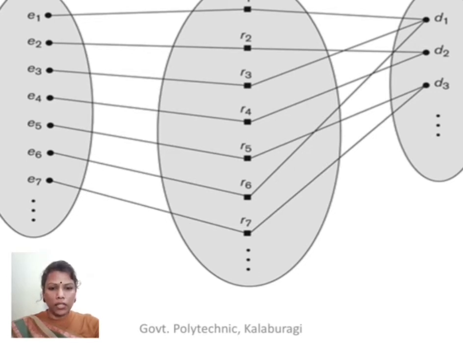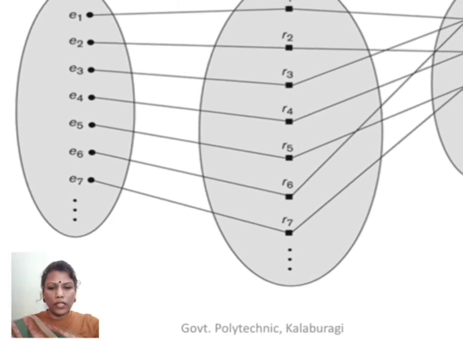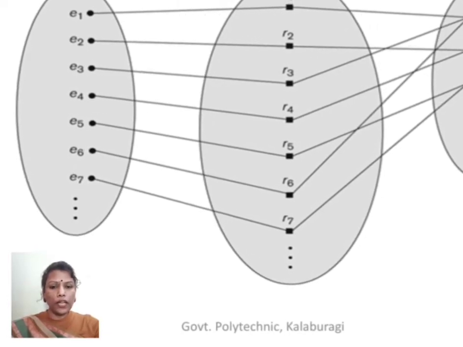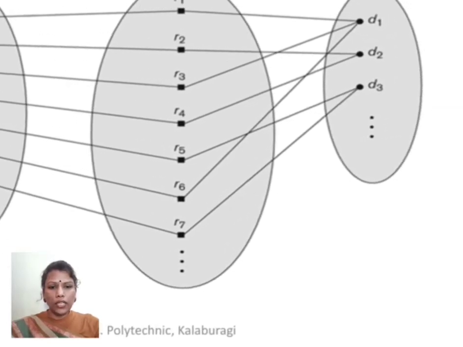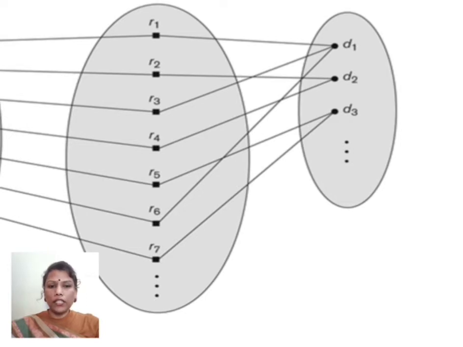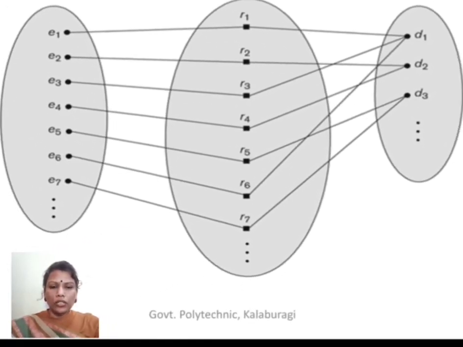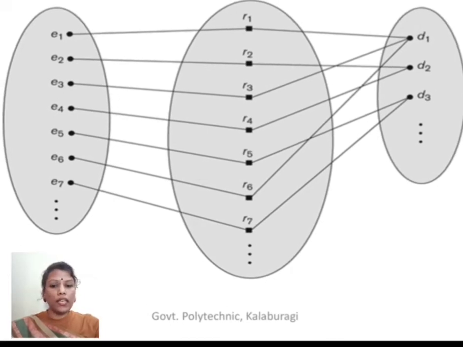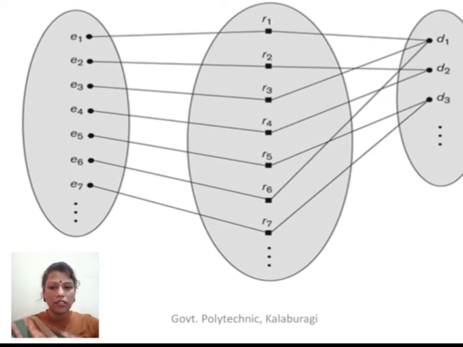R3 defines that E3, the instance of employee entity type, is associated with the department entity instance D1. So that is nothing but the relationship instances. We are talking about each instance.